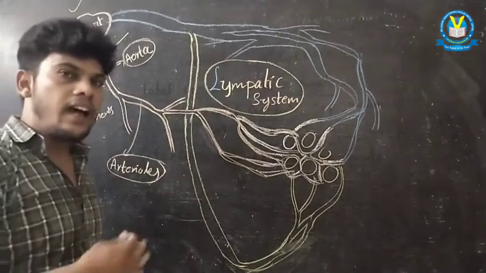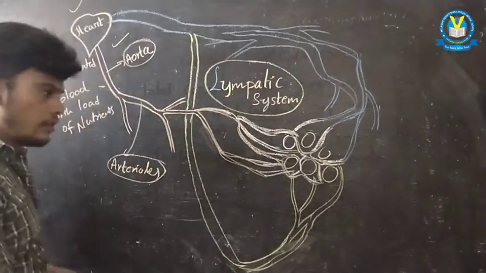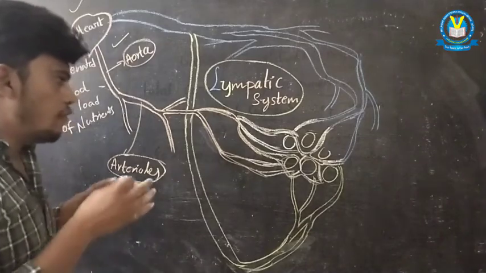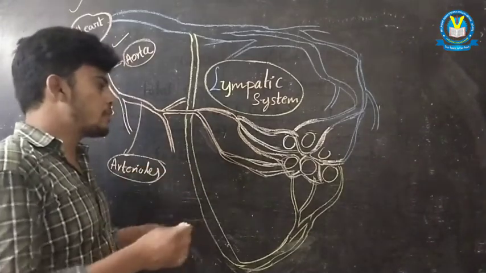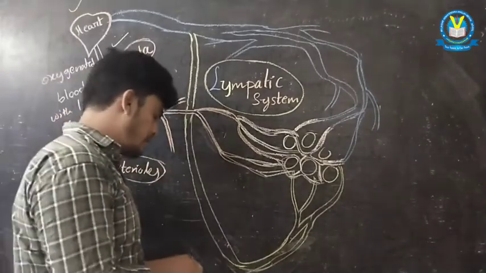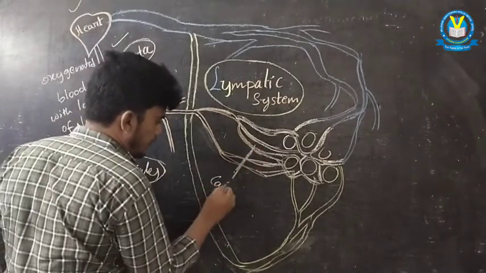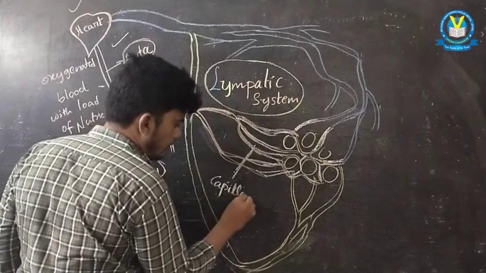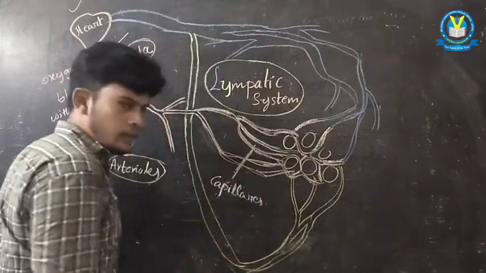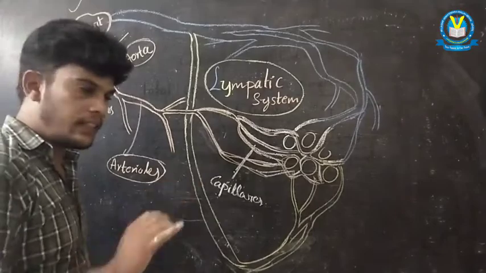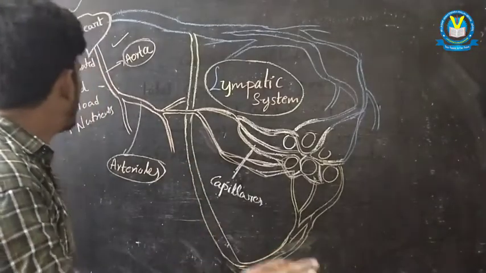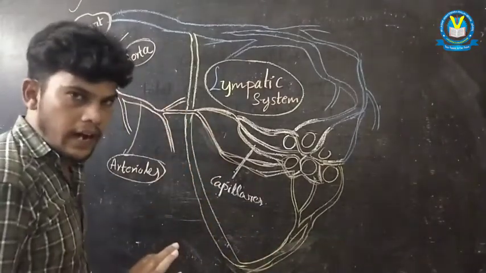Again, these arterioles branch into very microscopic structures. These white-colored structures are called capillaries. Now let us discuss what happens through the arteries.